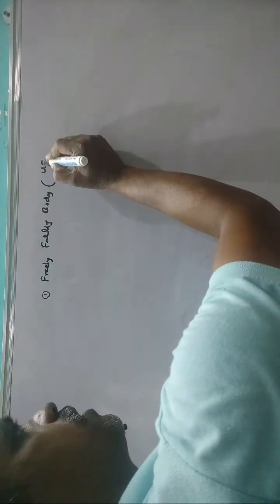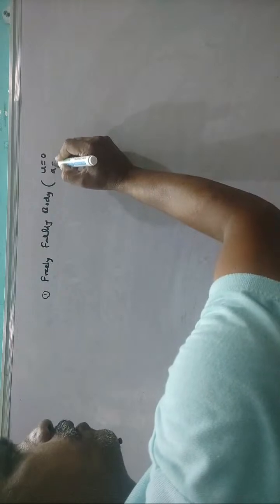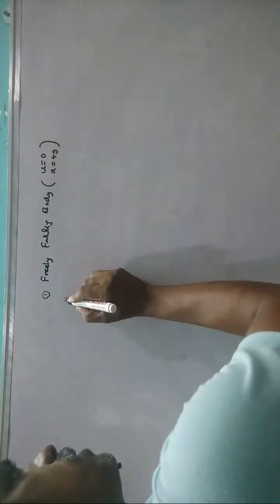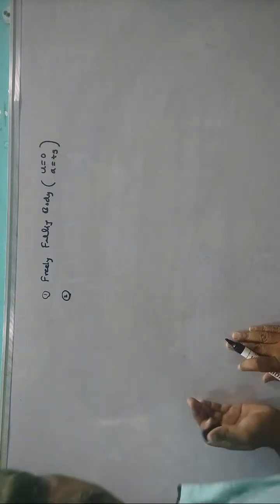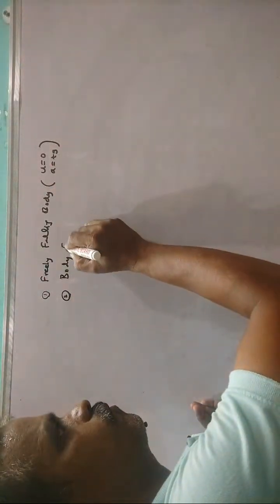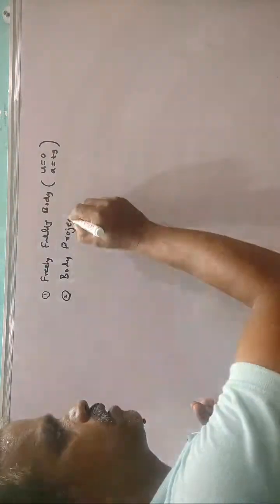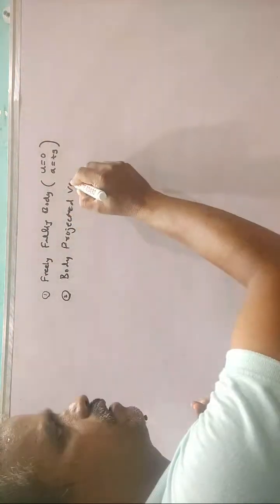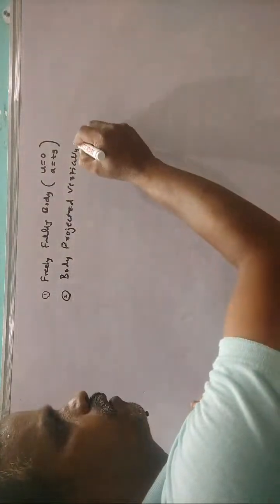Conditions are initial velocity is 0, a equal to plus g. Just you remember these things, important points. Then body projected vertically up.